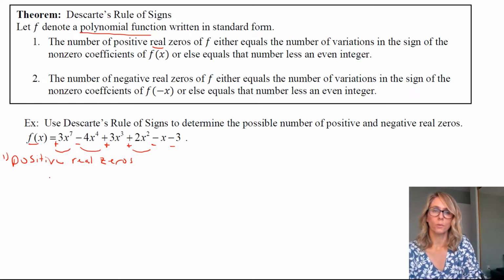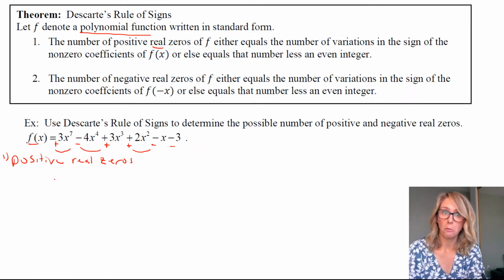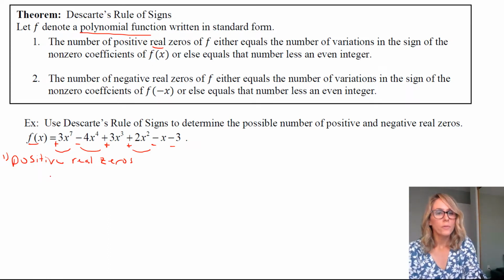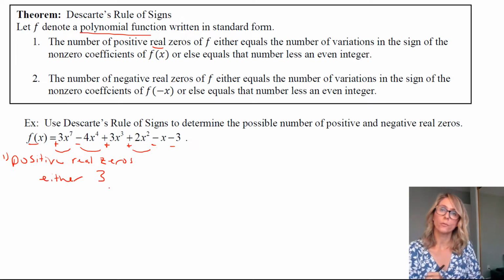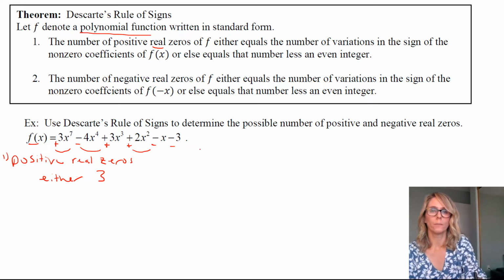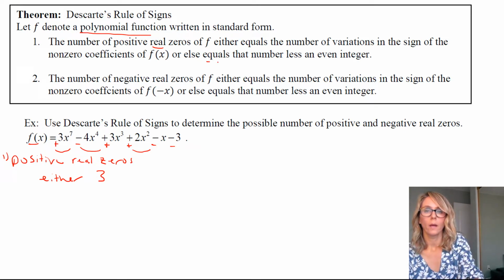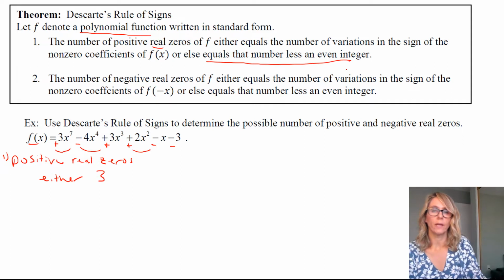So what Descartes figured out a long, long time ago is that this function has either 3 positive real zeros or that number less an even integer.